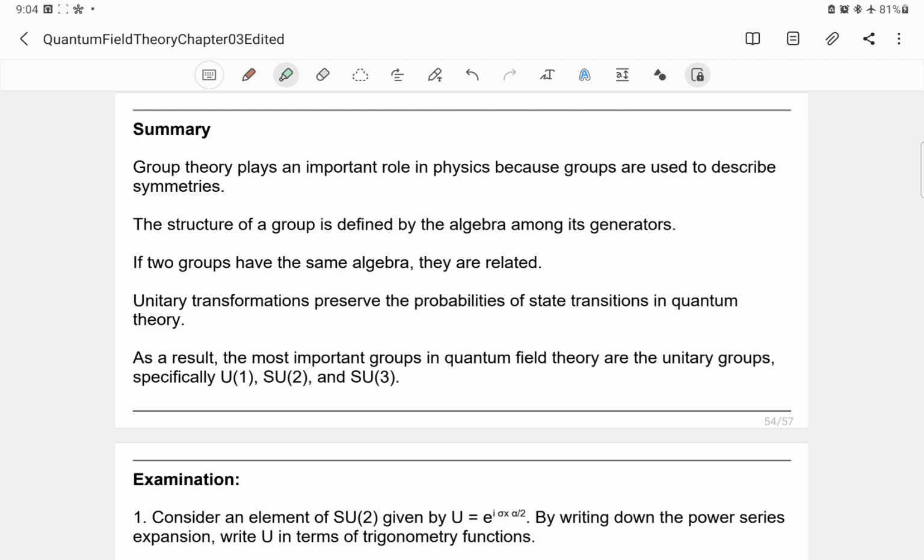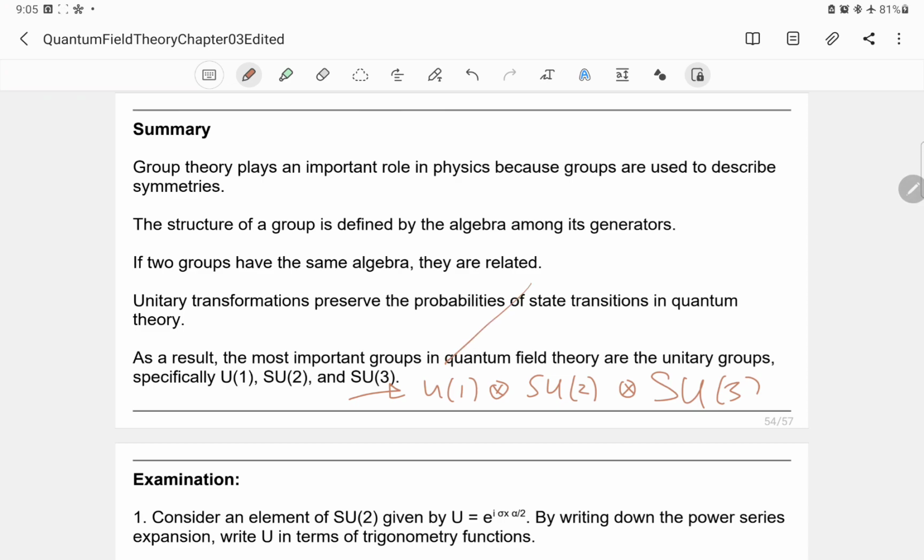And the standard model is actually the group which is a product of U1, SU2, and SU3. This is the standard model, and even in introductory particle physics, you'll know that the standard model is the group which is the product of these three groups.